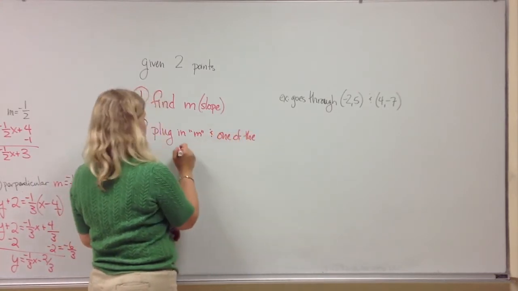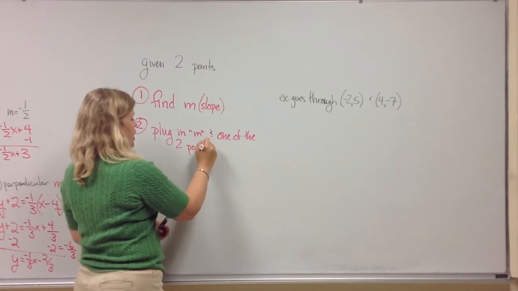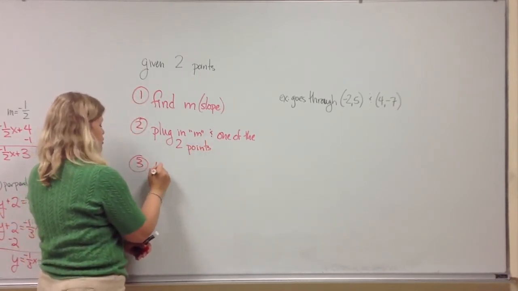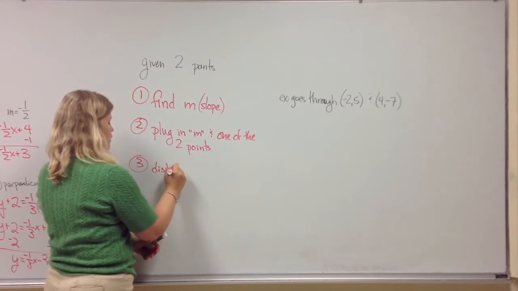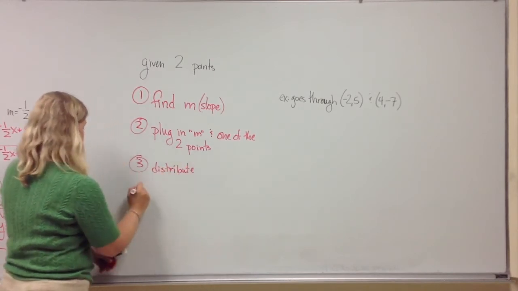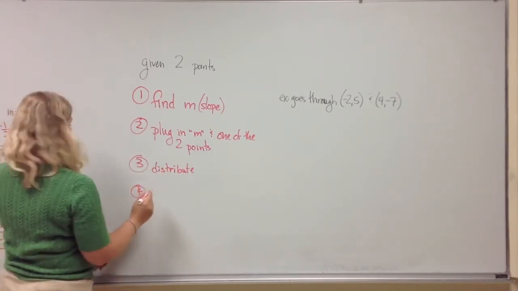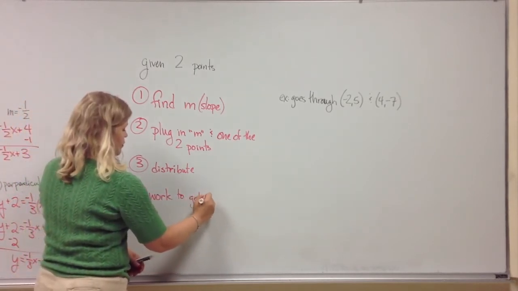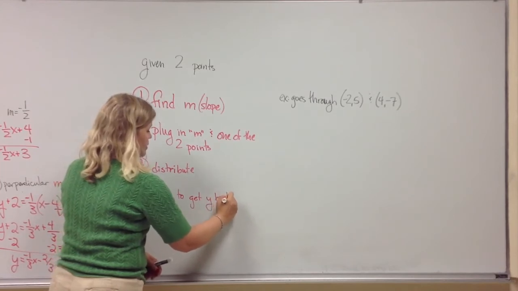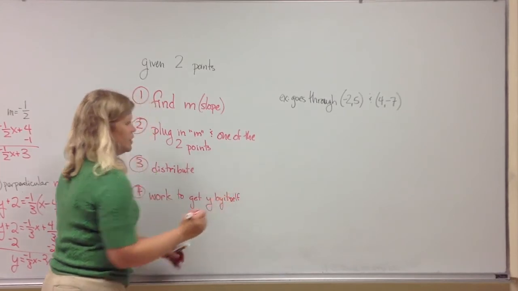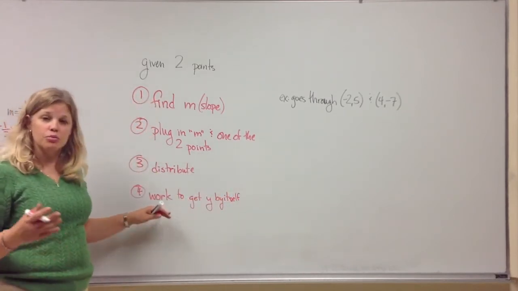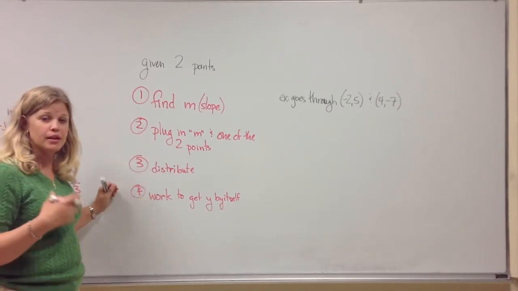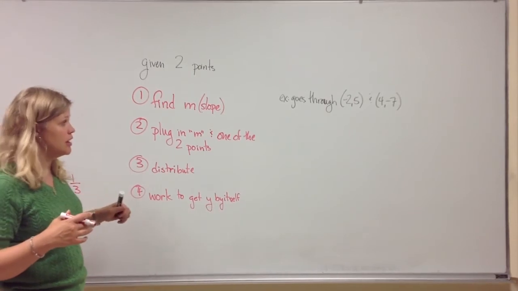It doesn't matter which one you do. And then guess what? We're back to the old problem. So that means distribute. And the last step says work to get y by itself. Some of this you might want to go ahead and get on your study card, especially the steps, and then when we're in class I might give you some other hints.